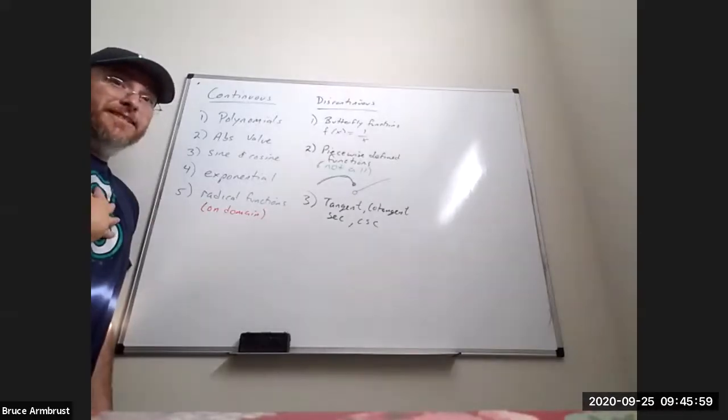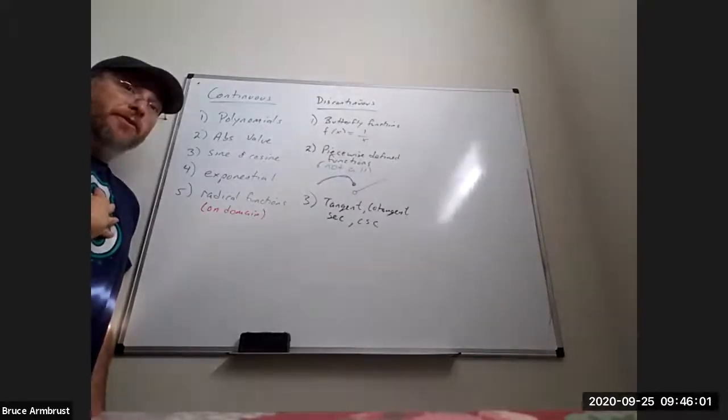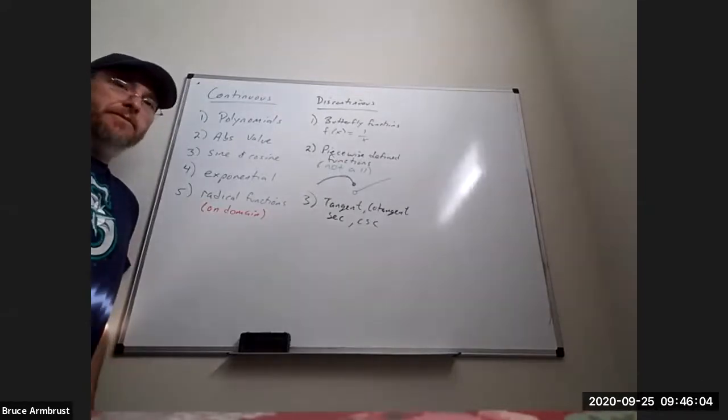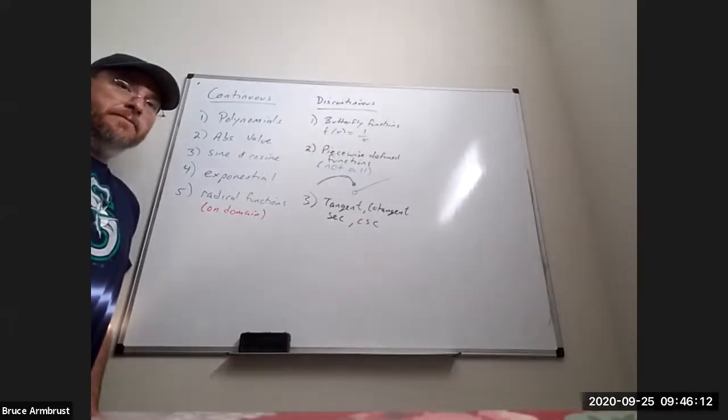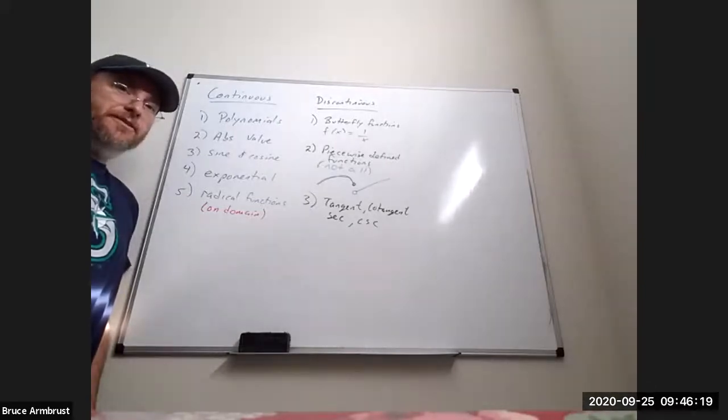Well, let me offer this up. Logarithmic functions have a vertical asymptote. They've got that vertical asymptote at 0. So now what do you think? Continuous, discontinuous?